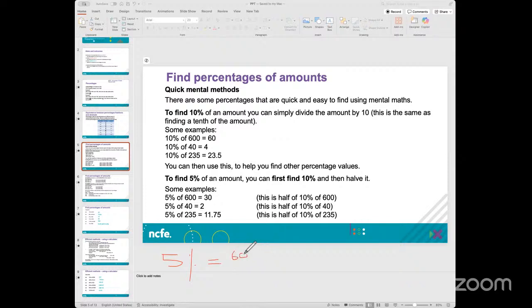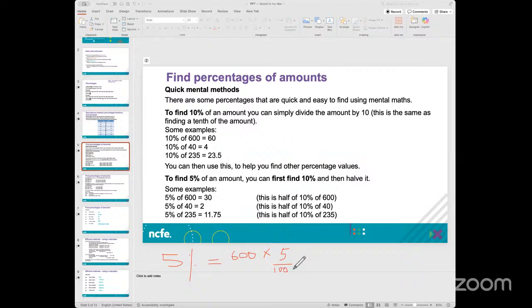I know that a percentage is a fraction of 100, right? So if we are talking 5%, that means 5 out of 100. So what I'm going to do is divide 5 by 100 and times 600 straight away.